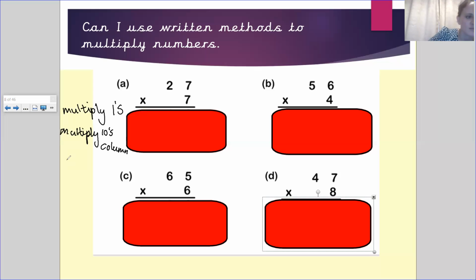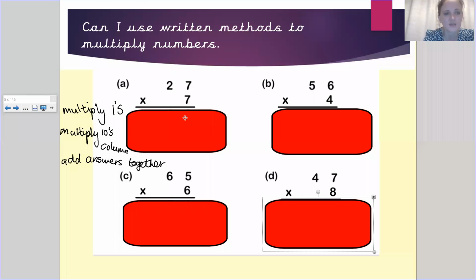Then add answers together. So you would add your answers together. So let's follow my instructions and see if we can answer this.